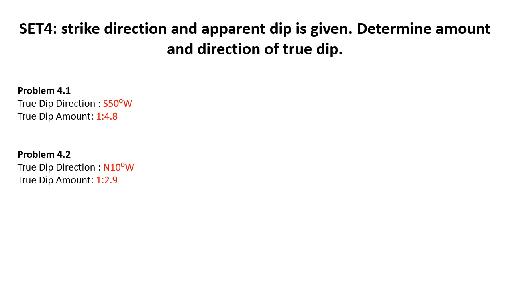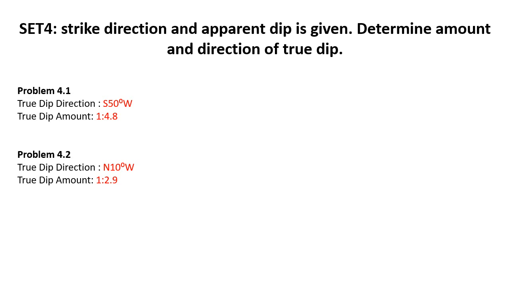Okay, then similar way you have to solve the problem 4.2. These are the answers given. So first you have to draw, similar way you are going to solve the problem 2. Okay, first draw north south east west line meeting at point O, mark the given strike line and the apparent dip.